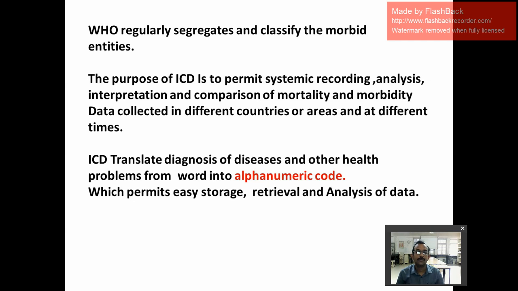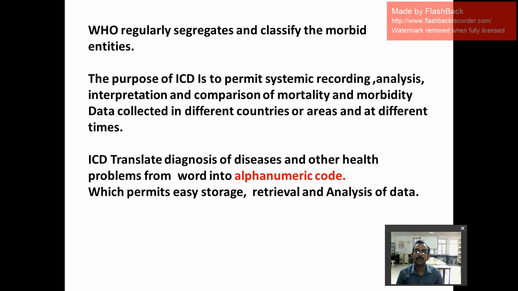And after collecting, the ICD translates diagnoses of diseases and other health problems from words to alphanumeric codes. So this is the importance of ICD classification. As medical practitioners, we will refer to any illness by the disease name, but in ICD they will be represented with an alphanumeric code.